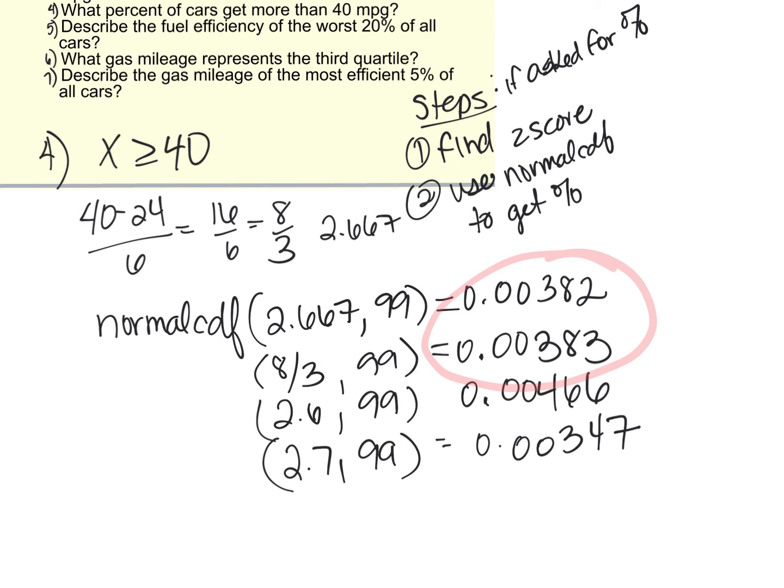So it's okay to use this or this. But the minute we round it to 2.6, now my thousandths place is off. We're at the difference between 0.3 and 0.4. And then 2.7 was a little bit closer. The thousandths place was right. But this one is off more. You don't want to round too much.